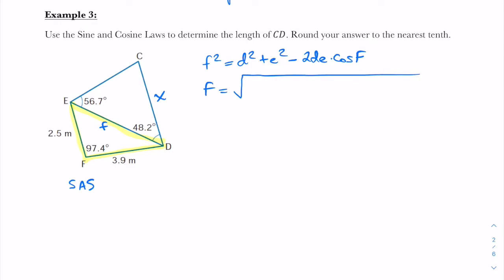And now I'm just going to substitute for d, e and angle F. Okay, so side d is 2.5. Side e is 3.9. And we multiply by the cosine of angle F, which would be the cosine of 97.4.